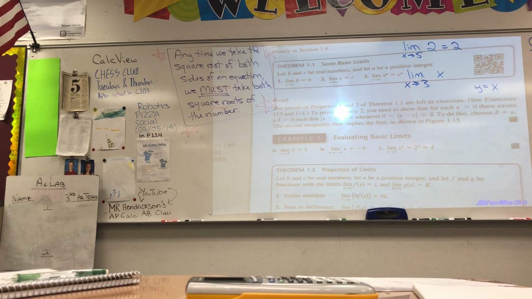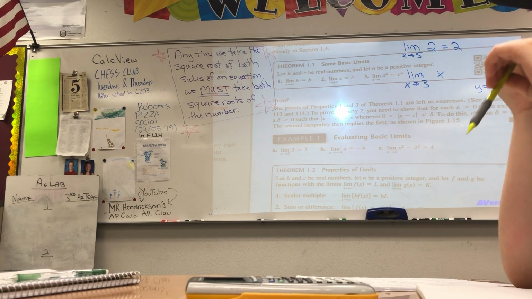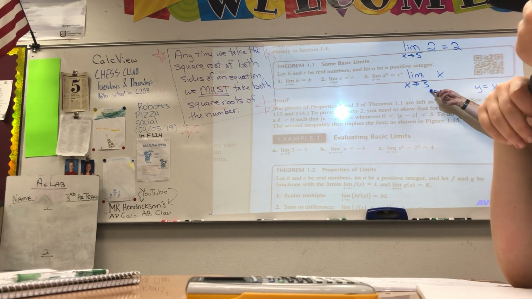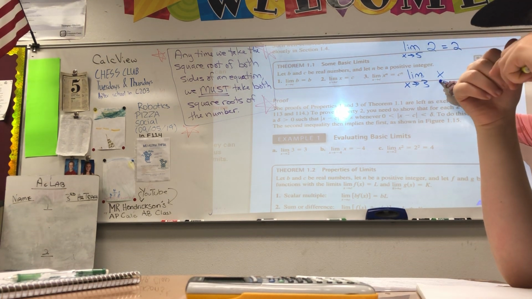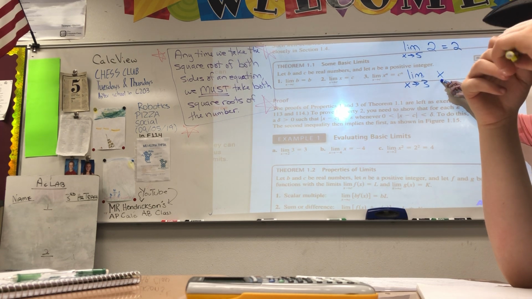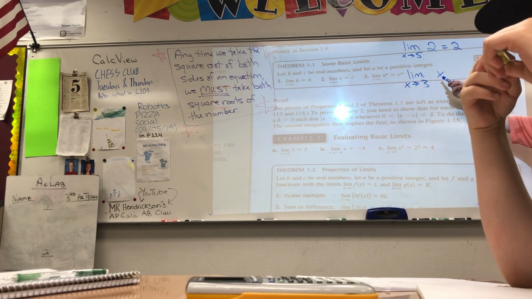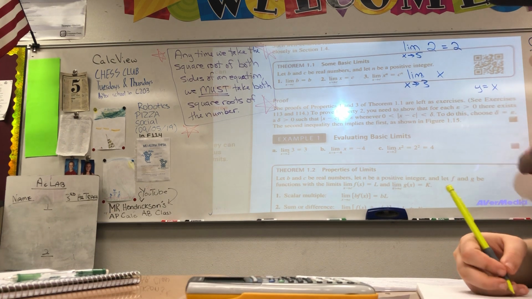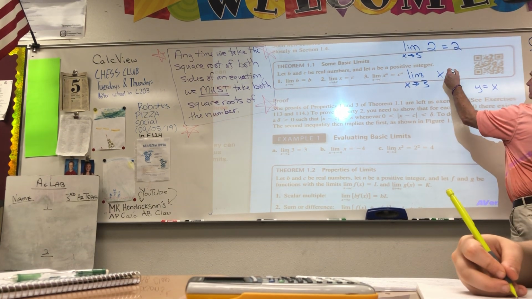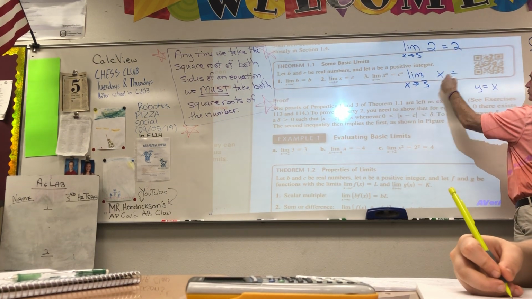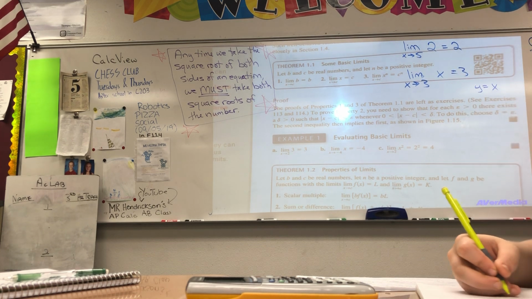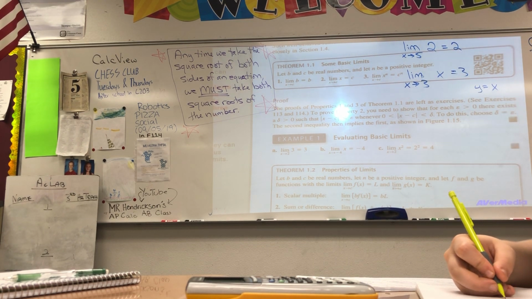It's a diagonal line through the origin, slope of 1. As x approaches 3, what's x? 3. Does that make sense? This is basically just saying, what's x? Well, x is approaching 3, so x is 3. So that's the second one.